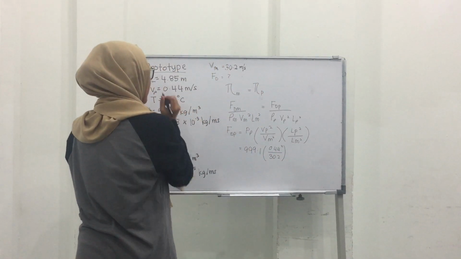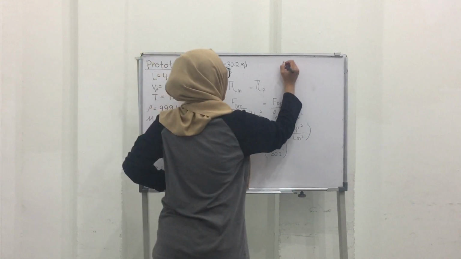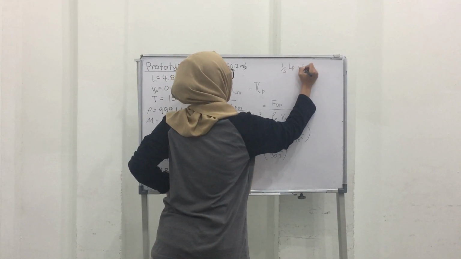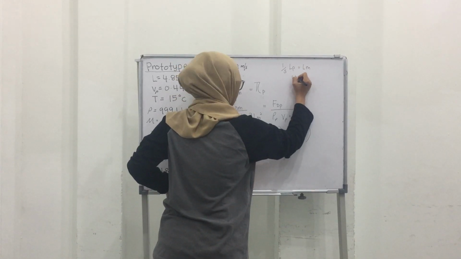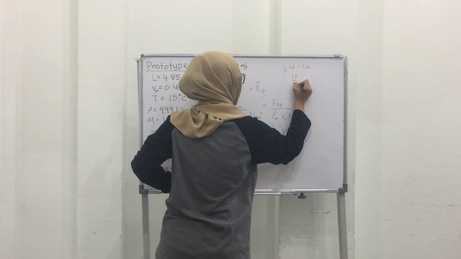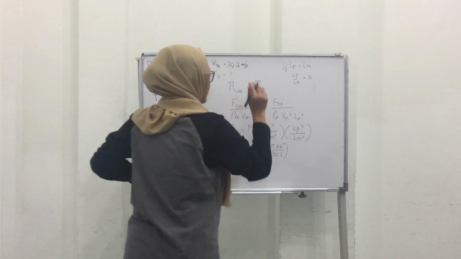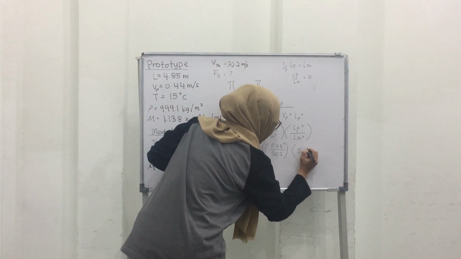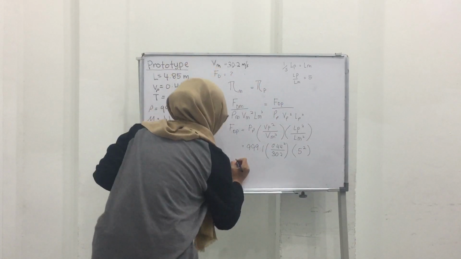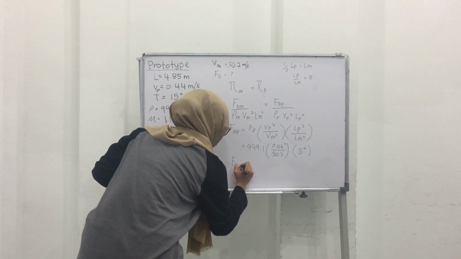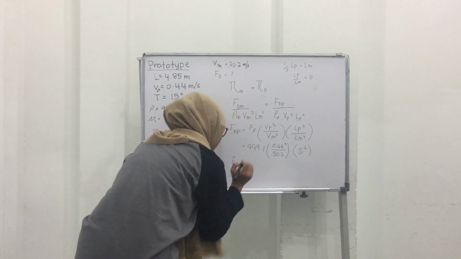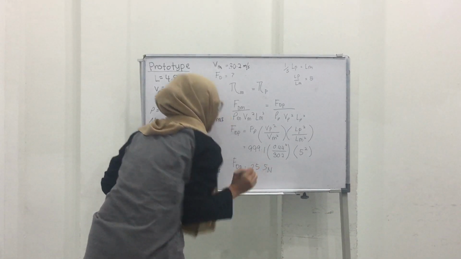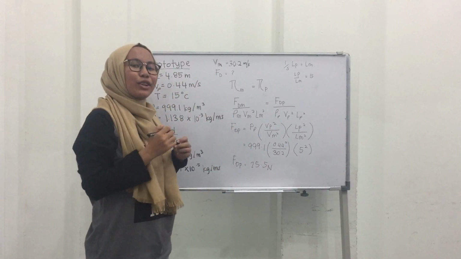From the question, we already know 1/5 LP equals LM, so LP over LM equals 5. So we substitute 5 into this, and then we get the answer for F. The F of the prototype is equal to 25 over 0.5 Newton. So I think that's all from me.